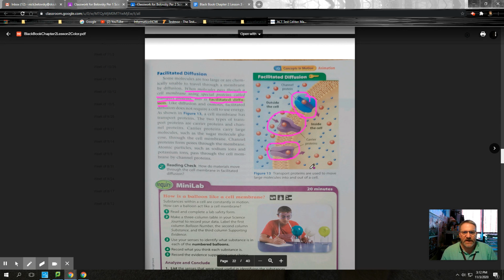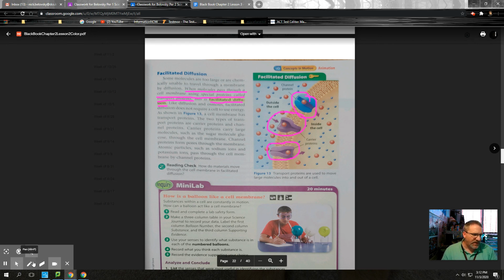And what they do is they're able to bring things in or push things out. So when molecules pass through a cell membrane, using these special proteins that you see right here, that is called facilitated diffusion. So in other words, these things are doing the work for the cell.